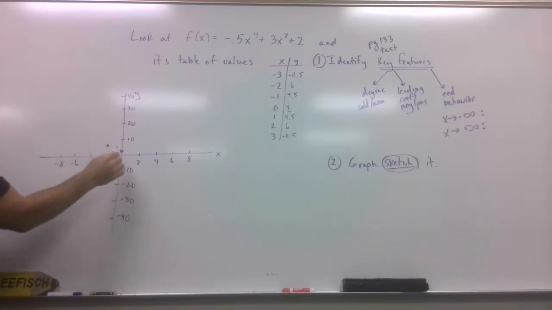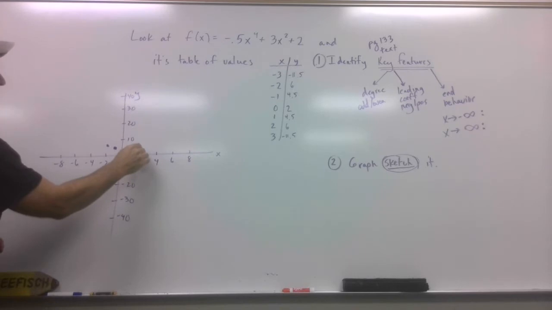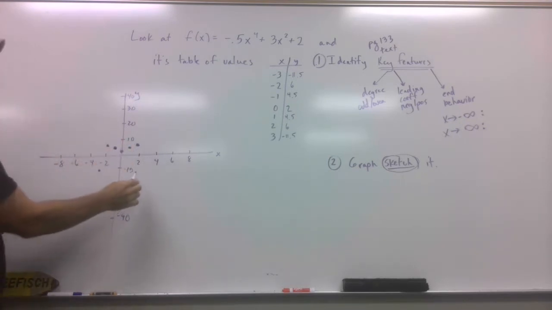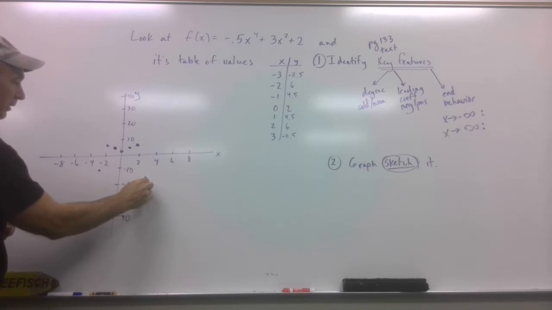And then we get (-1, 4.5), which would be right about here. And of course, we got our (0, 2). And we got our (1, 4.5), which goes back up here. And then our (2, 6), which I'm going to put right here. Maybe I put this one a little higher, but they're supposed to kind of be matching, as you can see. And then (3, -11.5), which would be right about here.